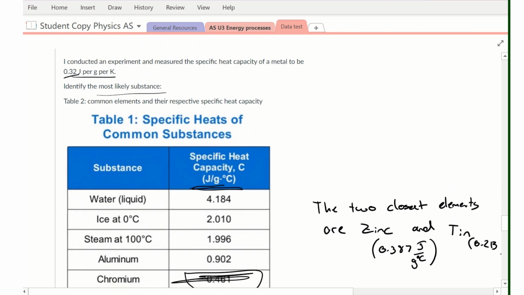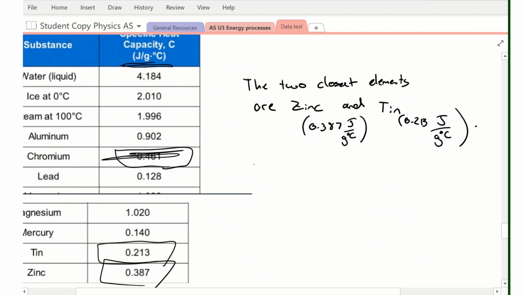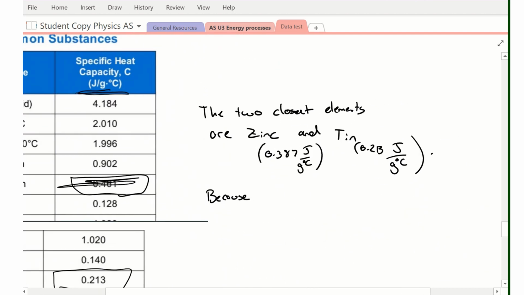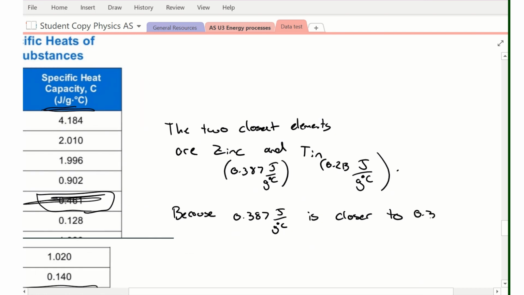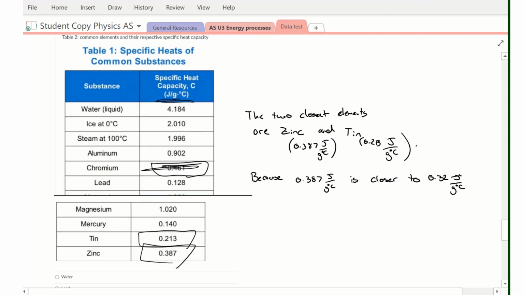And then you might make an actual deduction. Because, and hopefully you can do some quick math, 0.387 joules per gram degrees Celsius is closer to 0.32 than tin. Most likely zinc.